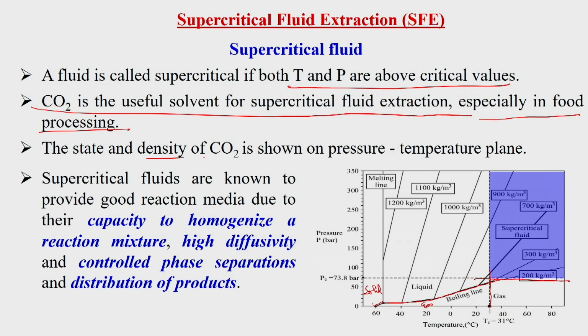The state and density of carbon dioxide is shown in this pressure-temperature plane. Whenever pressure and temperature become more than 31 degrees Celsius and 73.8 bar, in this shaded zone carbon dioxide behaves differently.